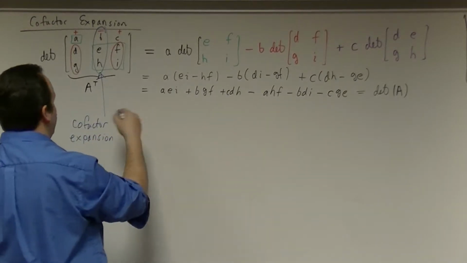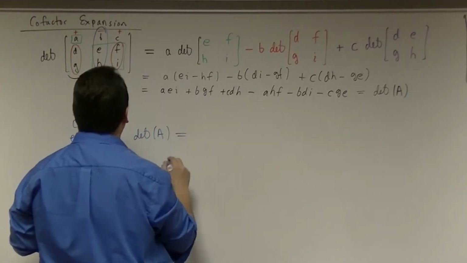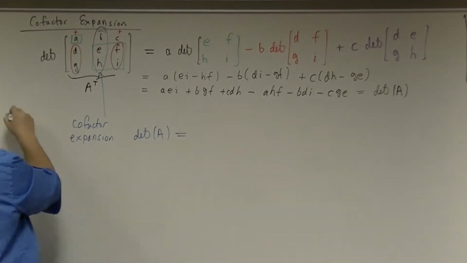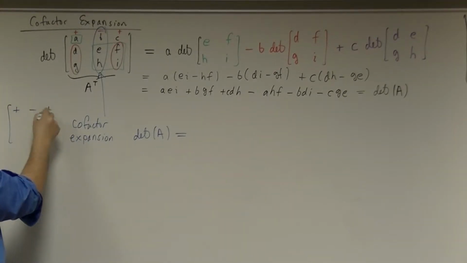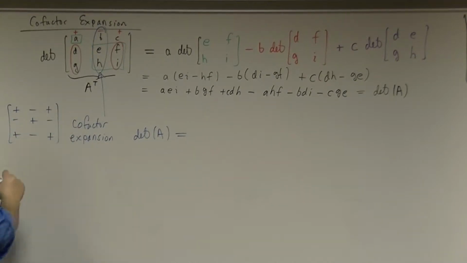So the signs work like this, guys: plus, minus, plus, minus, plus, minus, plus, minus, plus. So we use the top row's signs to create the cofactor expansion. Now I'm doing the middle column, so I actually have two minuses.